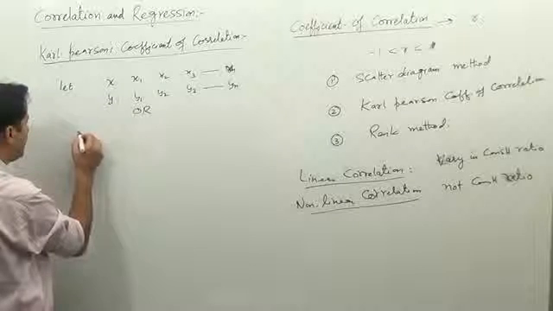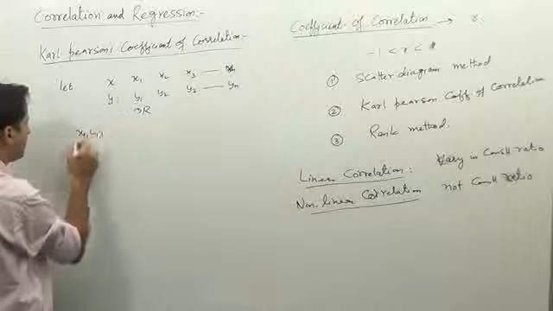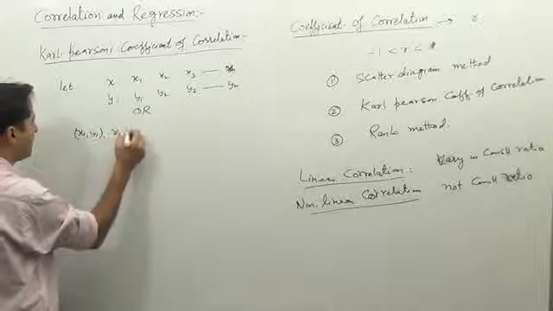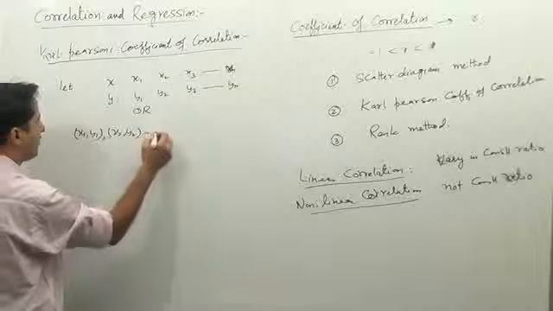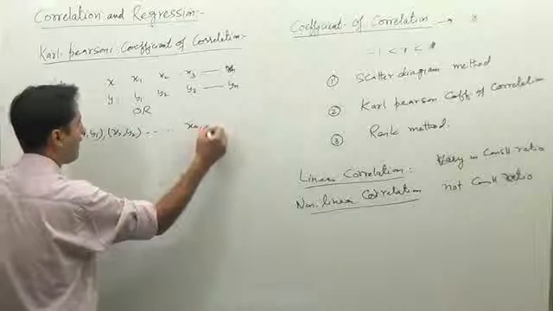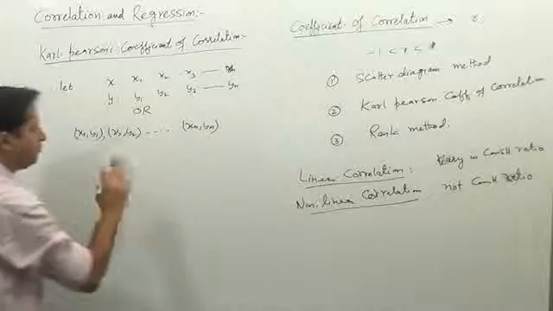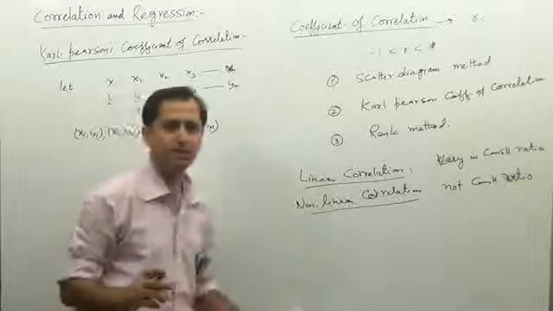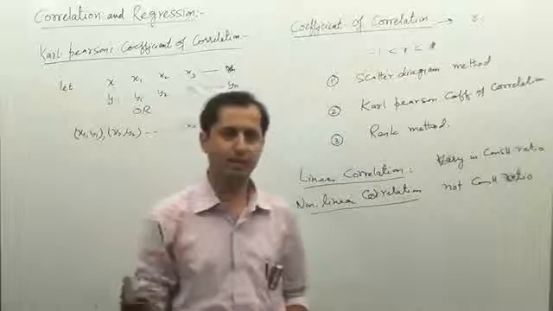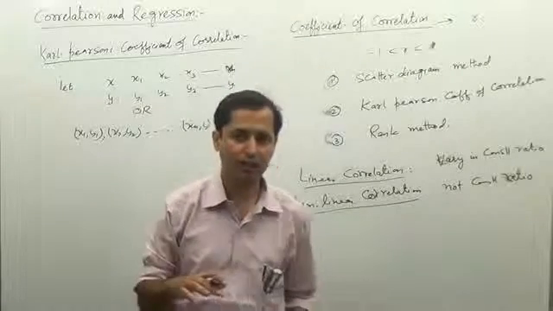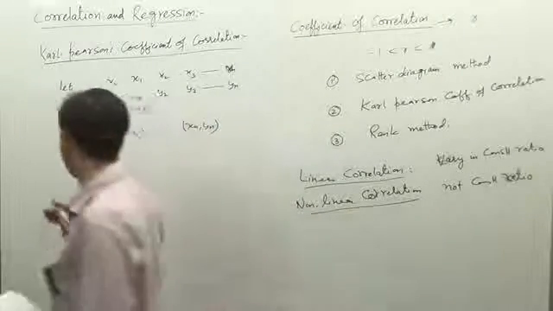Alternatively, you can say some points are given, and I want to find the correlation. Correlation means that when one changes, how the other will change, this kind of thing we find.